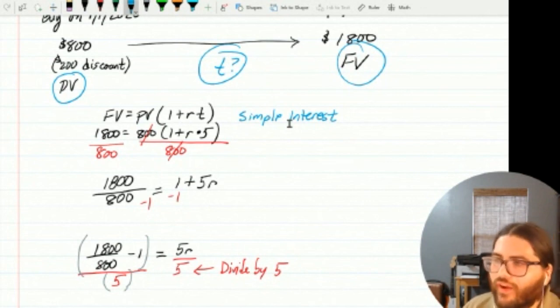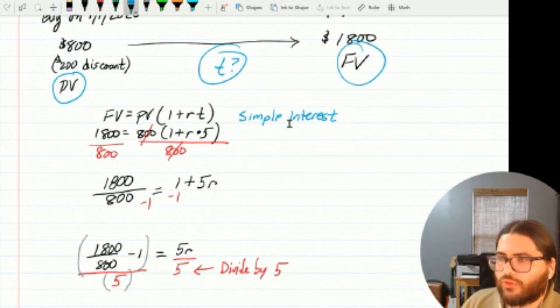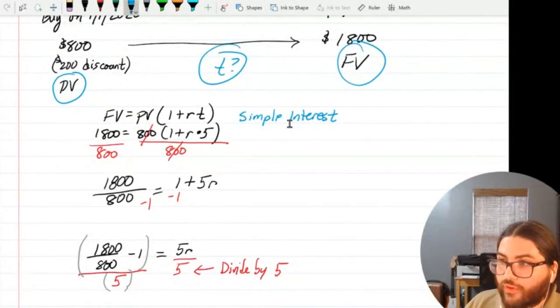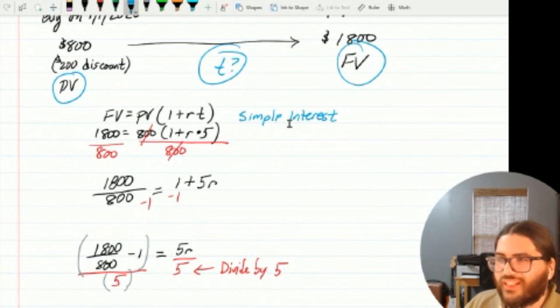It might change how I divide or how I multiply and in which order, but it's all algebra, which is something we practiced during week 1. All 4 variables in this equation, PV, FV, R, and T, you solve for all 4 of those variables exactly the same way, which is really nice.